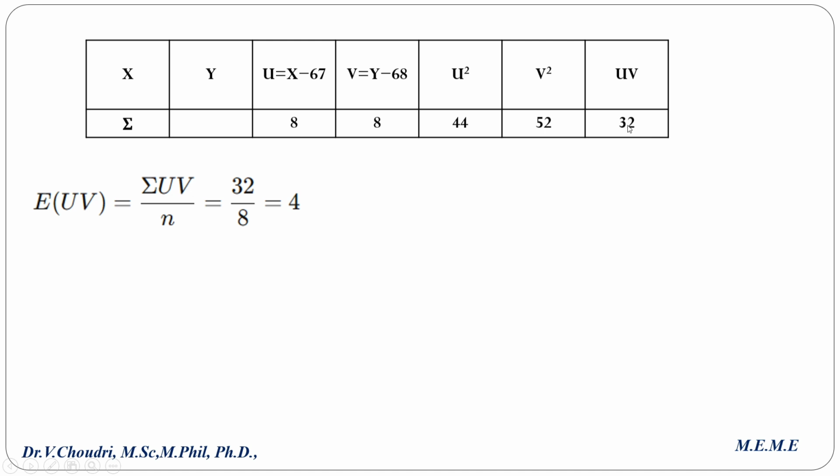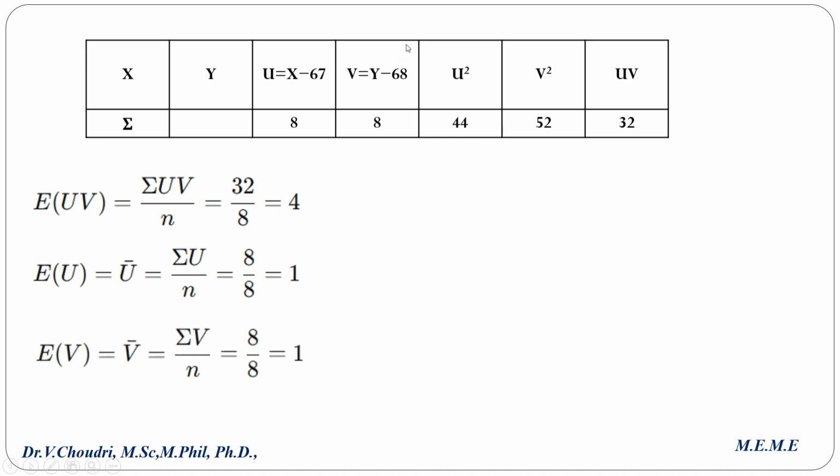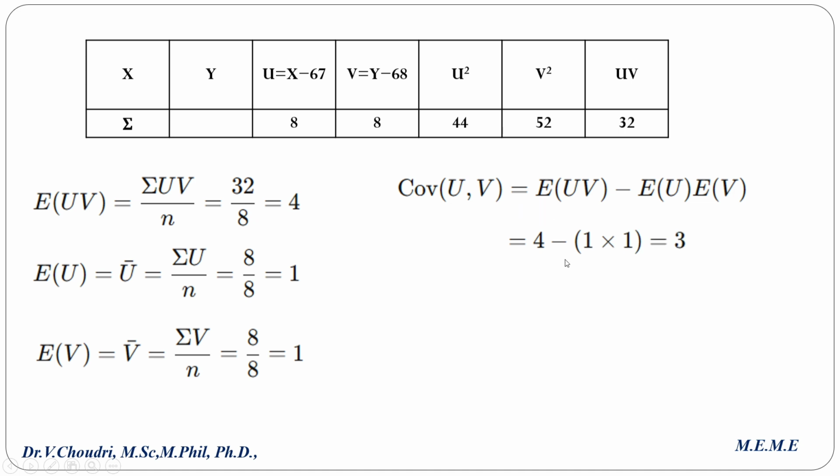What is the answer? 32 divided by the number of observations 8, so 32 by 8 equals 4. Next, E of u equals summation of u divided by 8, so 8 by 8 equals 1. Same way, E of v equals summation of v divided by 8, that equals 1. So this is the data for the covariance. Covariance of u comma v equals 4 minus 1 into 1 equals 3.